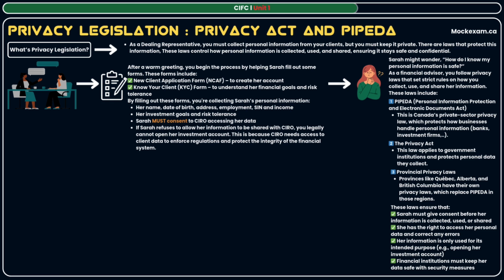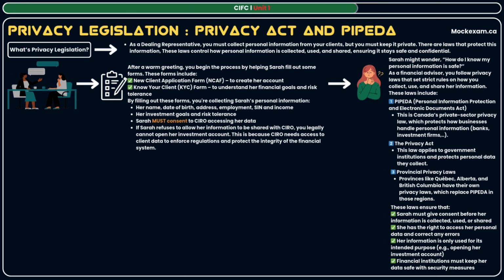Last but not least, these three rules ensure that financial institutions must keep her data safe with security measures. They cannot just put Sarah's data on their website without any security measures. Everything is now stored in a cloud, obviously, and that cloud needs to have very serious security measures.